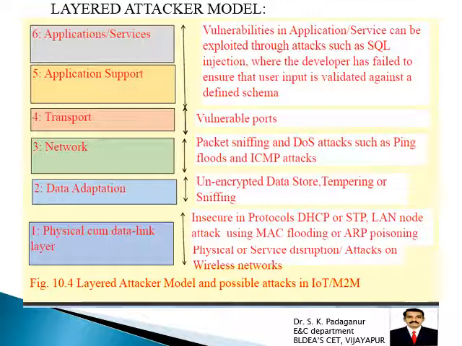With respect to wireless networks, we can also have some attacks. Then in data adaptation, unencrypted data store, tampering or sniffing. With respect to the network layer, packet sniffing and denial of service attacks such as ping floods and ICMP attacks.